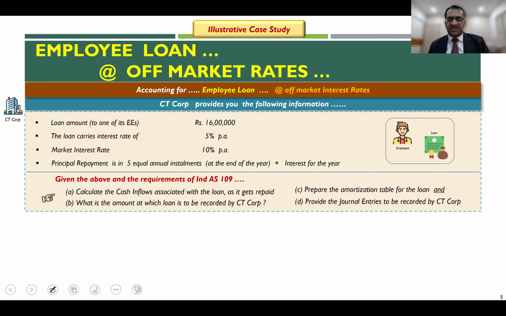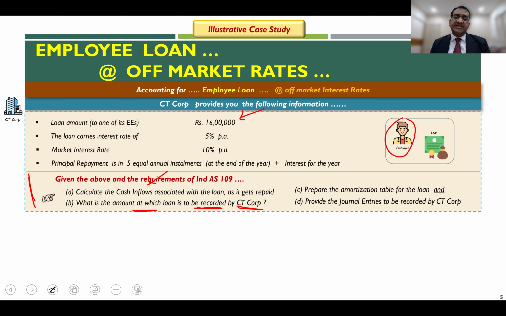Given this, there are 4 questions which we will try to address. Given the above information, we first need to calculate the cash flows associated with the loan as the employee starts repaying it. Then, at what amount does the loan, which is of the value of 16 lakh rupees, get recorded in the books of Citicorp?